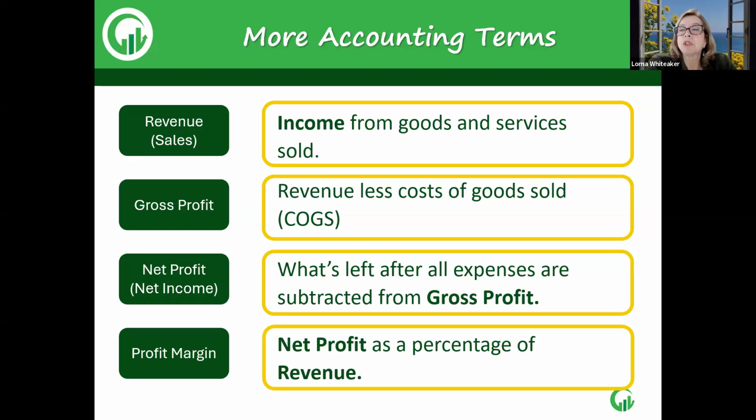Okay. Gross profit. Gross profit is the revenue less the cost of goods sold. Shorthand is COGS. Now, if you don't have cost of goods sold, well, then your gross profit is going to be the same as your income, your revenue. One of the things that I like people to do is to think about the merchant fees.